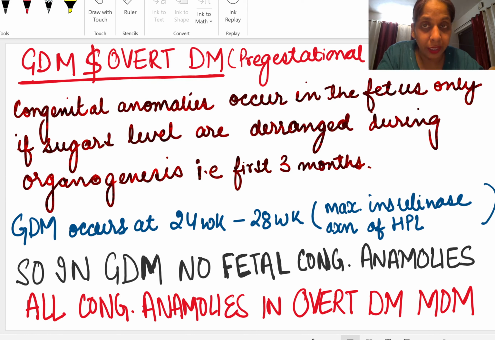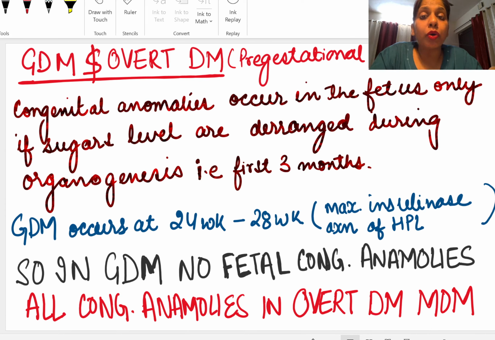The diabetes which occurs for the first time during the pregnancy is known as gestational diabetes mellitus. Now the question is, in which pregnancy will congenital anomalies occur in the fetus? Congenital anomalies occur in the fetus if the sugar levels are deranged during organogenesis, that is in the first 3 months.